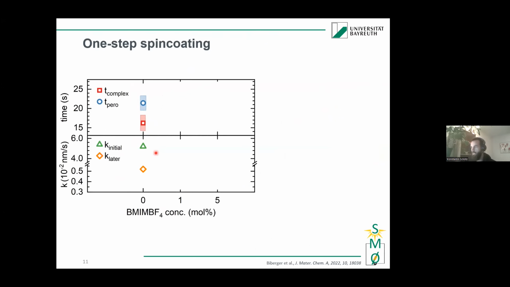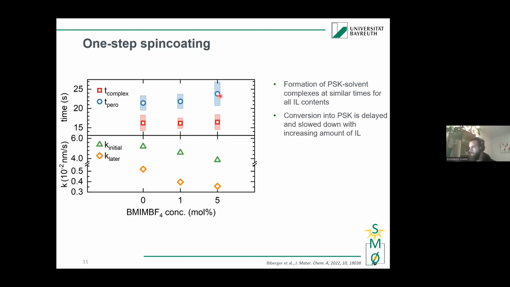You can also extract the growth rate from the PL peak position. And what we now see for the different concentrations of ionic liquid is that the formation of the complex phase is largely unaffected. However, the perovskite formation is delayed and slowed down by the ionic liquid. This is also reflected in the lower growth rates that we get with higher contents of ionic liquid.